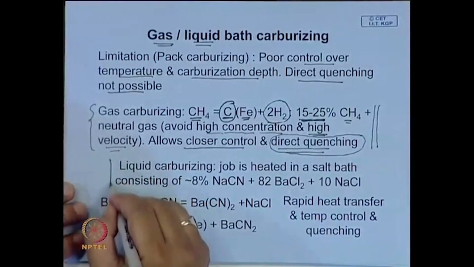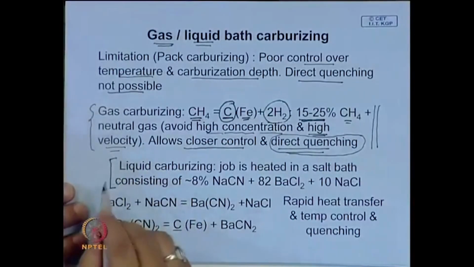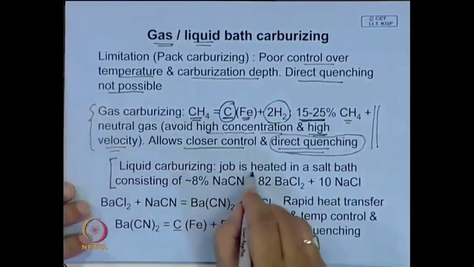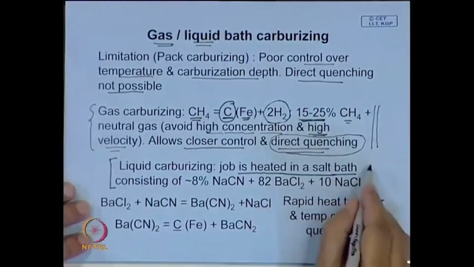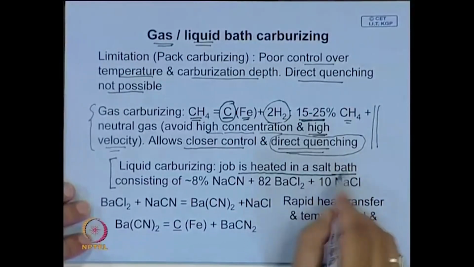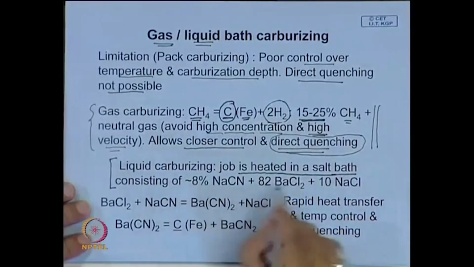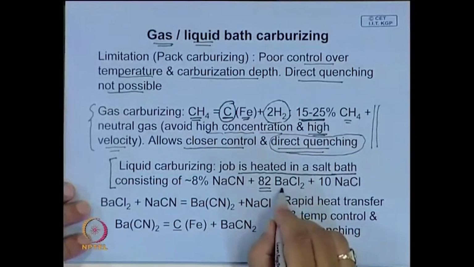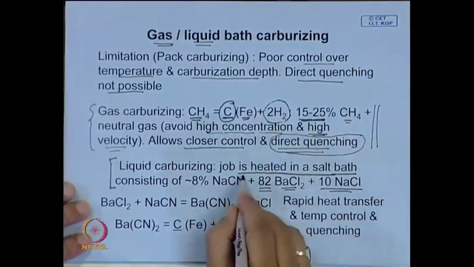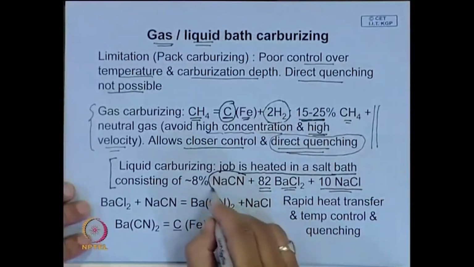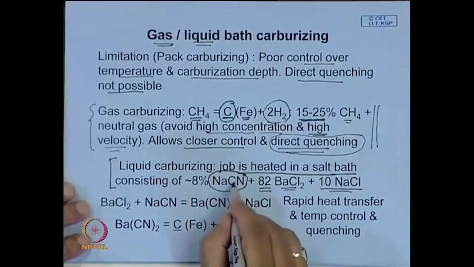Similarly, liquid carburization is another alternative process where the job is heated in a salt bath. These salt baths are usually chloride baths. One common composition is around 82% barium chloride, 10% sodium chloride, and you add sodium cyanide. This is the source of carbon.